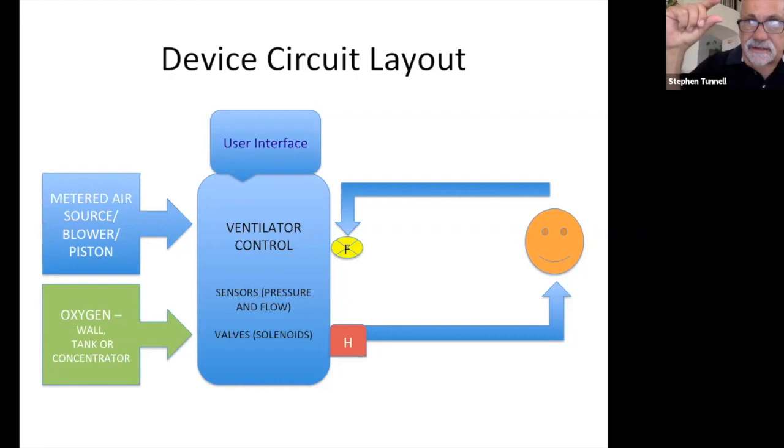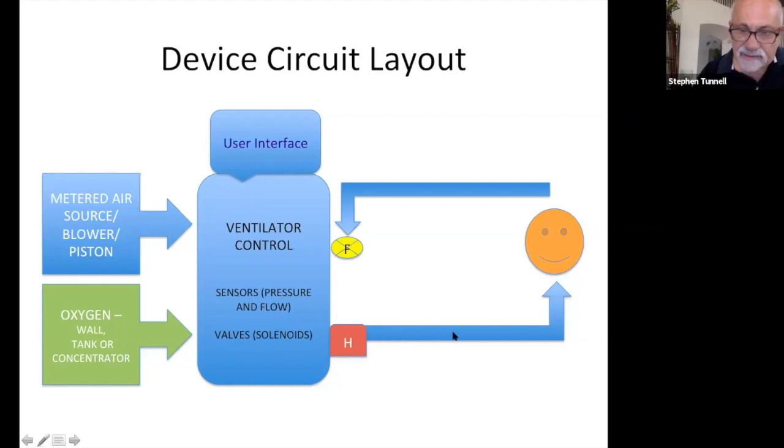The valve sets itself at a fixed level and lets a constant flow go into the ventilator circuit. We'll just leave it at that for right now. So the physician or the therapist chooses what type of method he wants to ventilate the patient with, and lets the valves go to work.